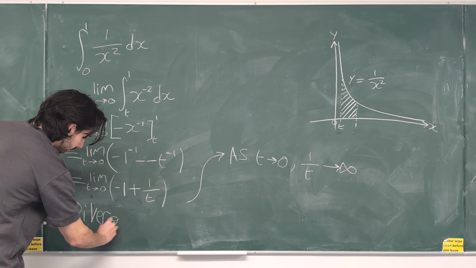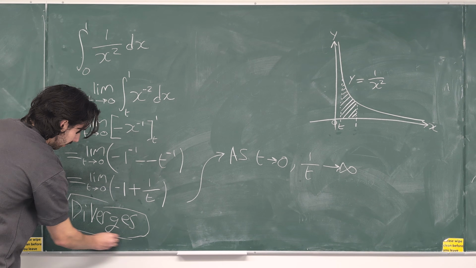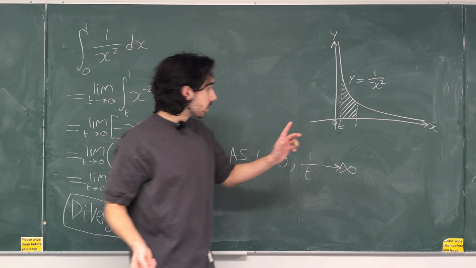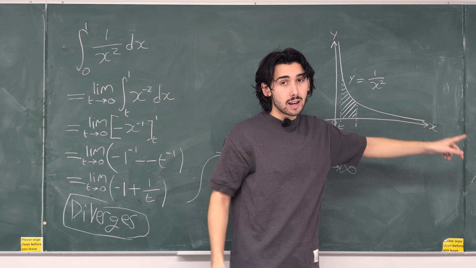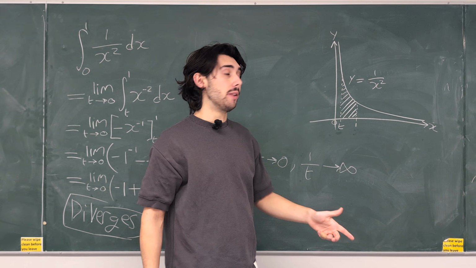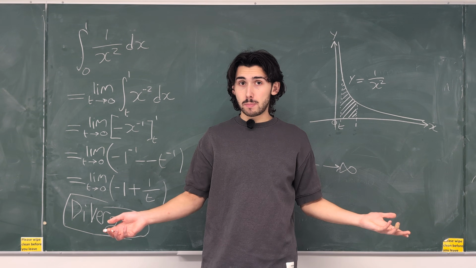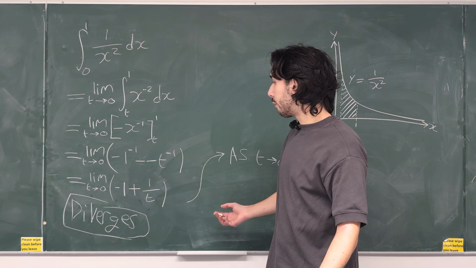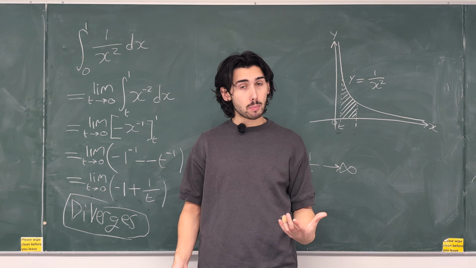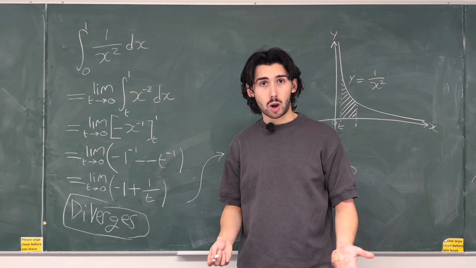It does not equal a finite value, which maybe is surprising, because again, we know on this function, the area from 1 to infinity actually converges to the number 1. But from 0 to 1, it diverges. But that's just the way the biscuit breaks, guys. Sometimes that happens. So that's an example of how we deal with an improper integral where actually there is no infinity here. We just have a different type of problem.